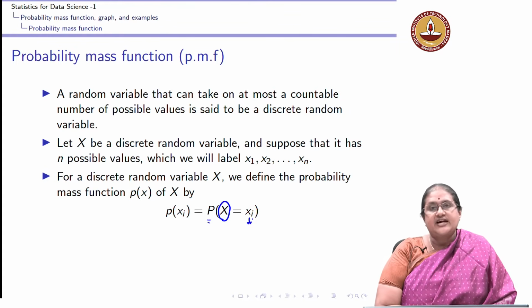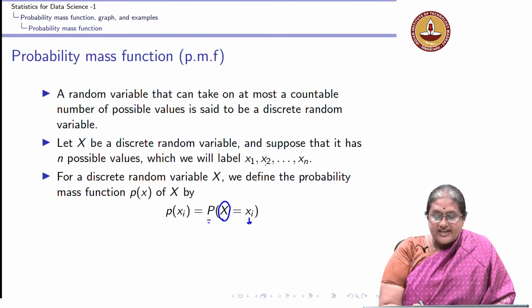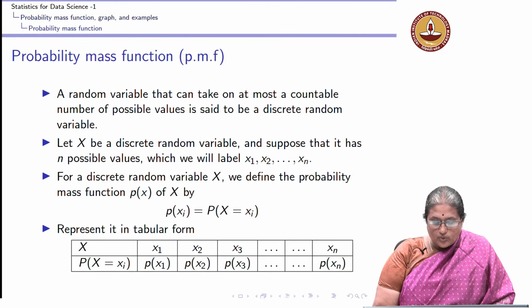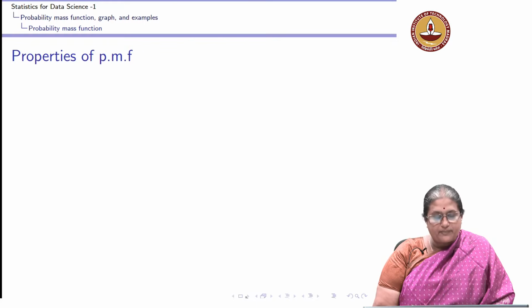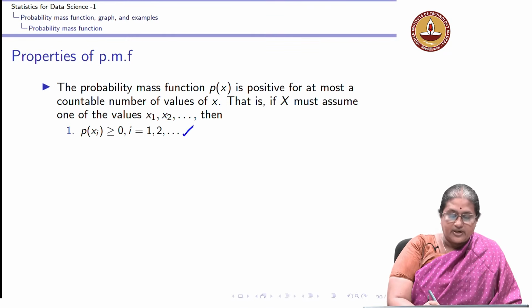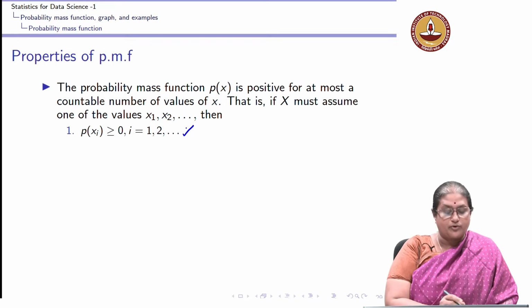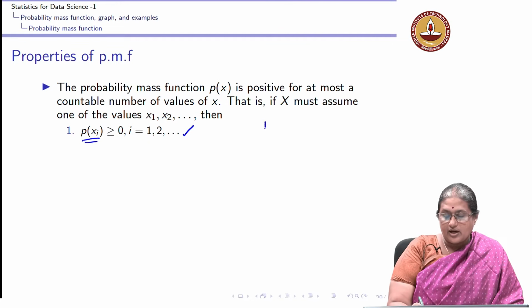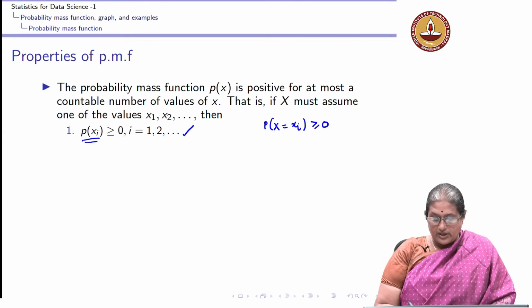Now, since this random variable takes these values, we know the properties of a probability mass function. Since we are talking about the probability of xi, in other words the probability of x equal to xi, it is always non-negative.